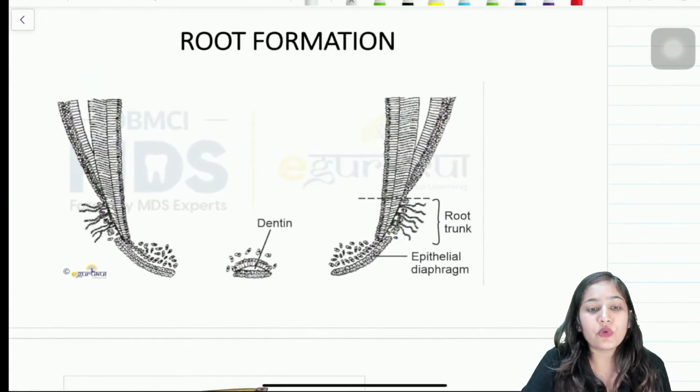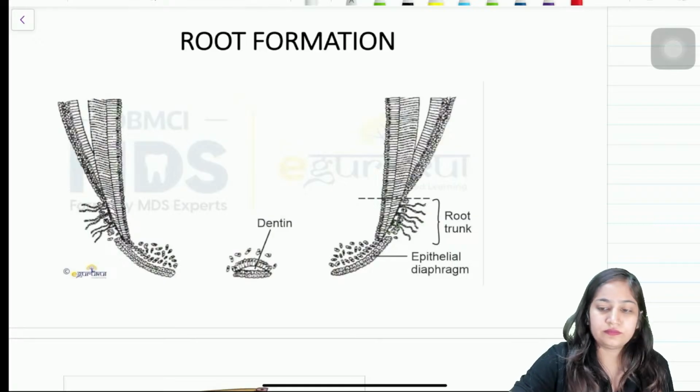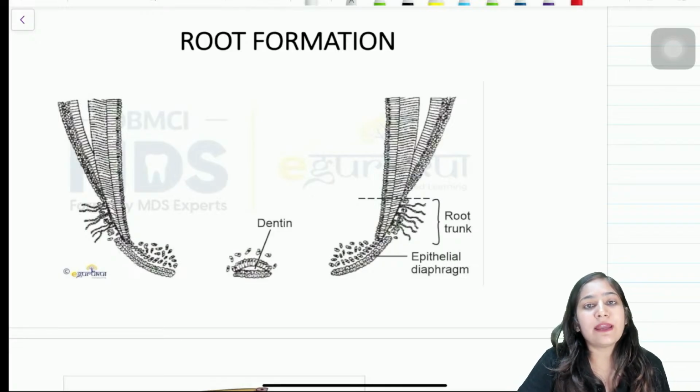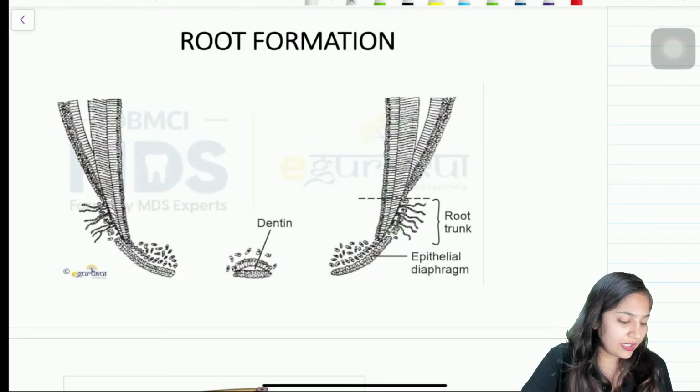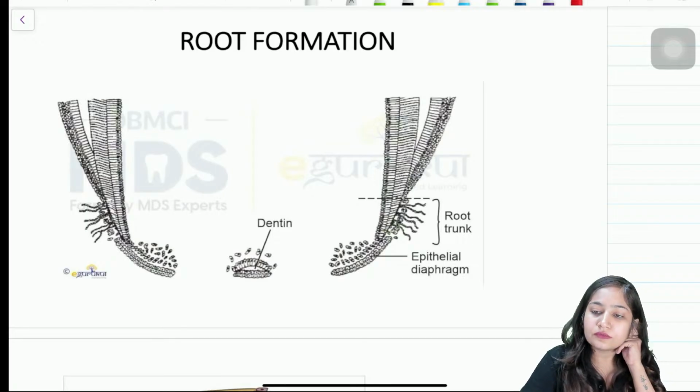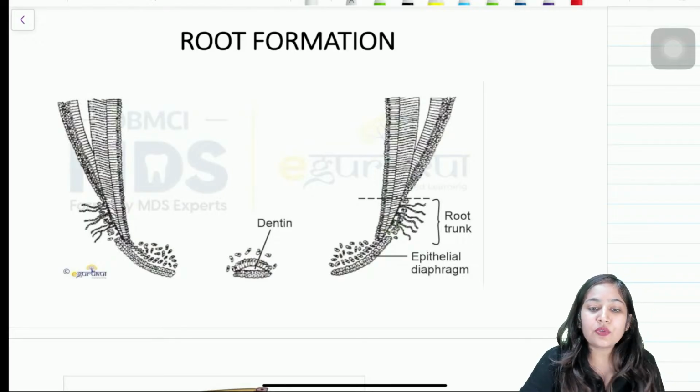Now coming to root formation. Any doubt in this? So which cells form enamel? Which cells form enamel? Okay, all of you are willing to take a break.